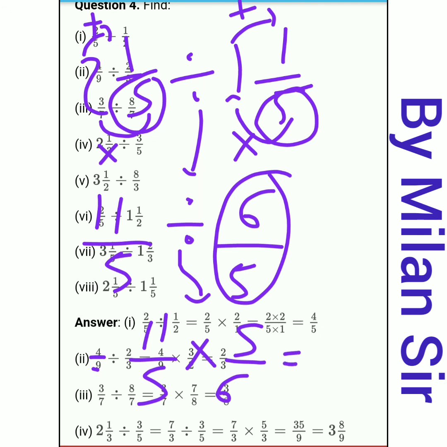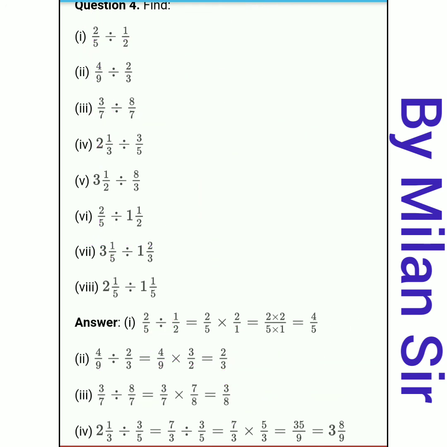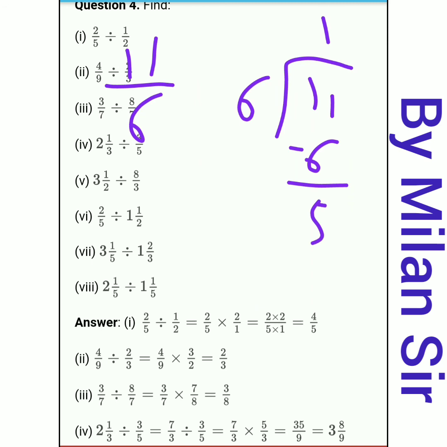Now 5 cuts from the denominator and numerator. What is remaining in the numerator? It is 11, and in the denominator 6 is remaining. So 11 by 6. Now 11 by 6 is an improper fraction, so we can convert it into a mixed fraction. 11 by 6, 6 ones are 6, remainder 5.